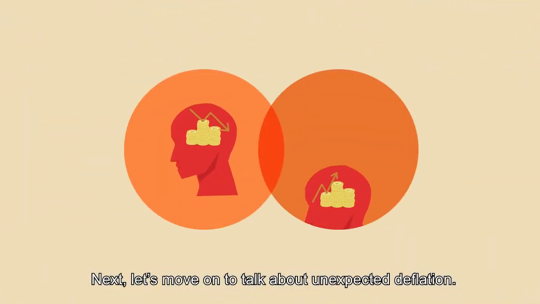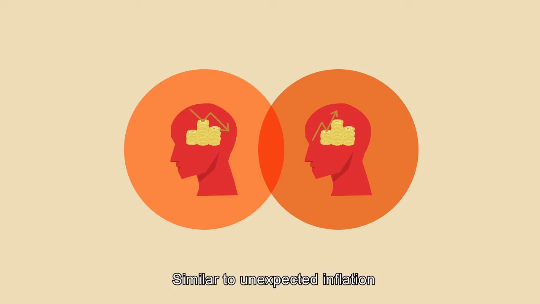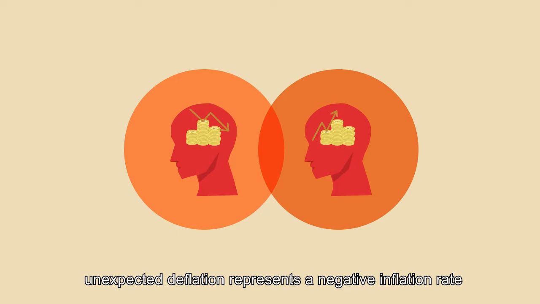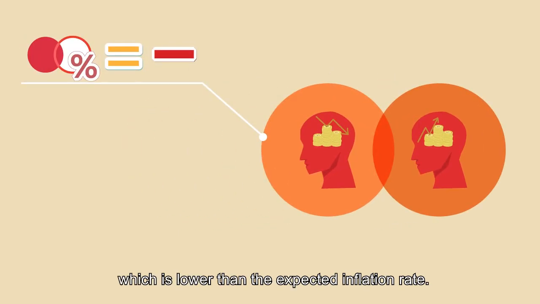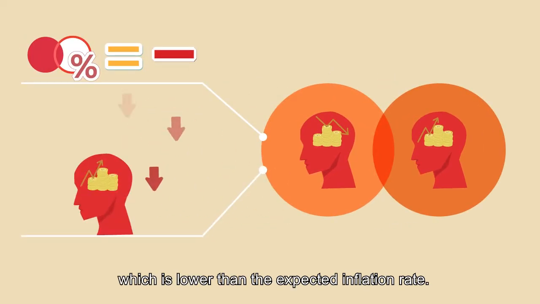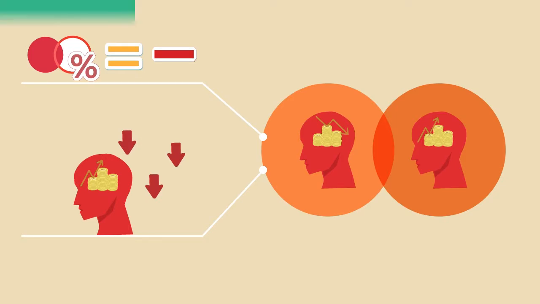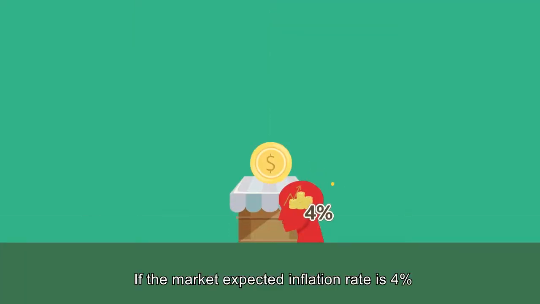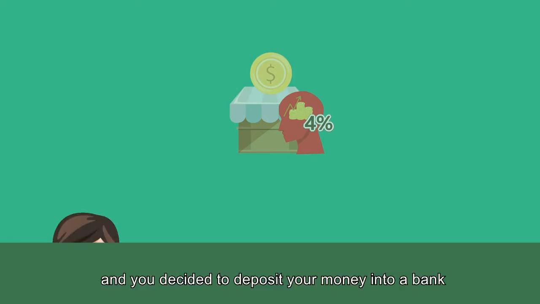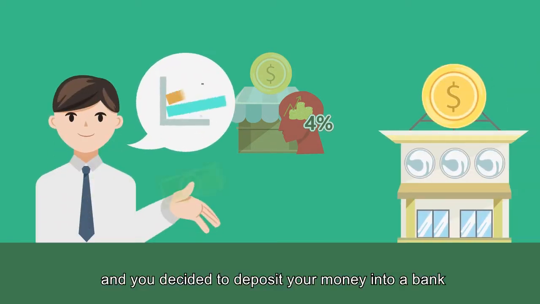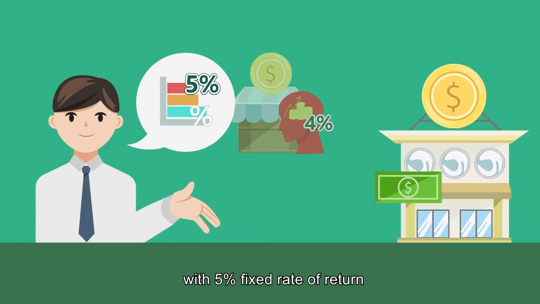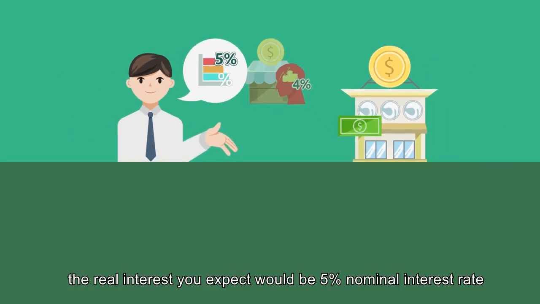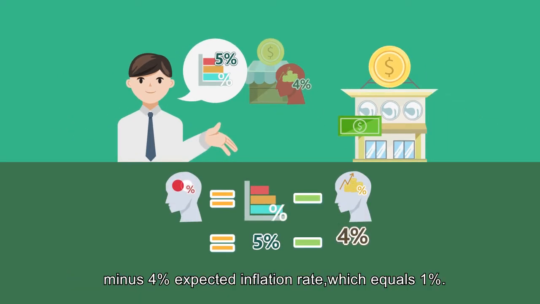Next, let's move on to talk about unexpected deflation. Similar to unexpected inflation, unexpected deflation represents a negative inflation rate, which is lower than the expected inflation rate. If the market expected inflation rate is 4%, and you decided to deposit your money into a bank with 5% fixed rate of return, the real interest you expect would be 5% nominal interest rate minus 4% expected inflation rate, which equals 1%.